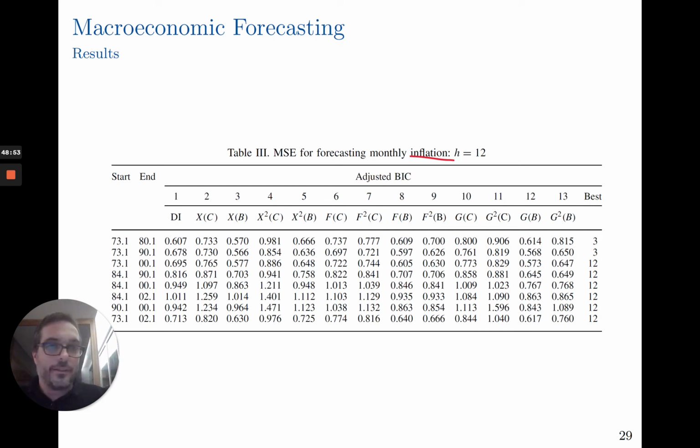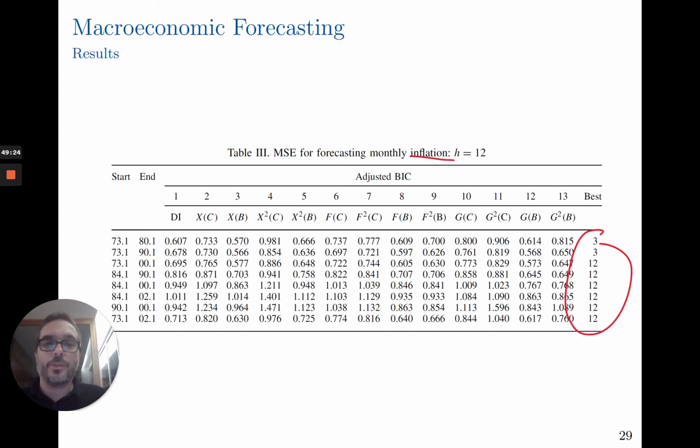The thing is, if we look at the summary results, all methods beat the diffusion index, the pure principal components. These are the relative MSEs with respect to the AR4. Numbers less than 1 mean that we outperform the AR4.